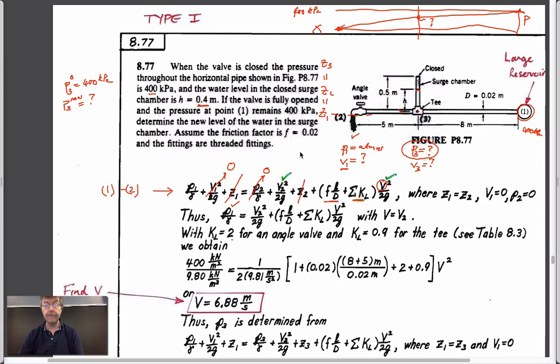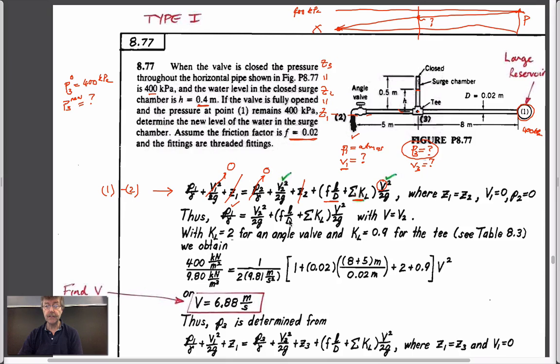We have a friction factor in the pipe. And so if we write this in terms of the things we know, okay, so this is the friction factor here.